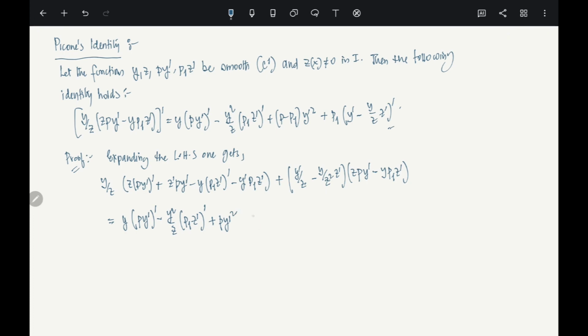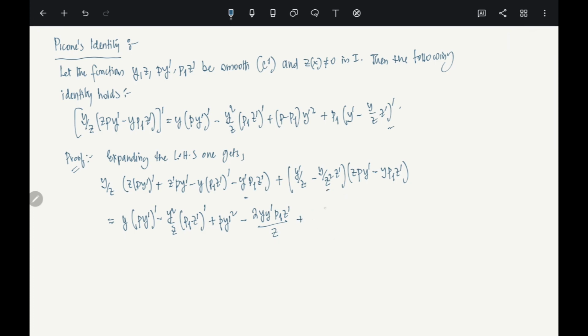Yeah, fine, minus this part, so 2 y prime p1 z prime by z, that part is there, plus another by z square, that part is there, right?